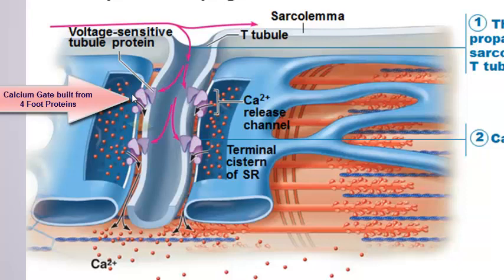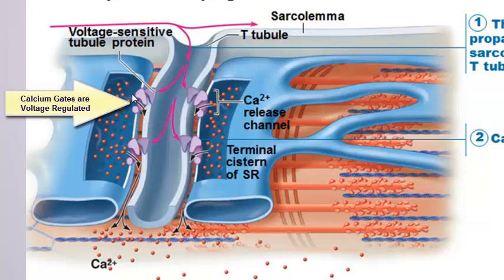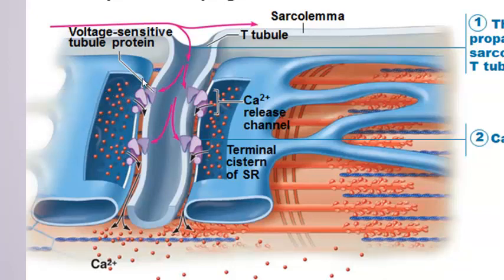In this case, the proteins are holding the end terminal of the sarcoplasmic reticulum, fusing it basically to the T-tubule. And when the electrical event comes down, these are voltage sensitive proteins, and they will open up and allow the release of calcium, and calcium will flood into the cell itself.